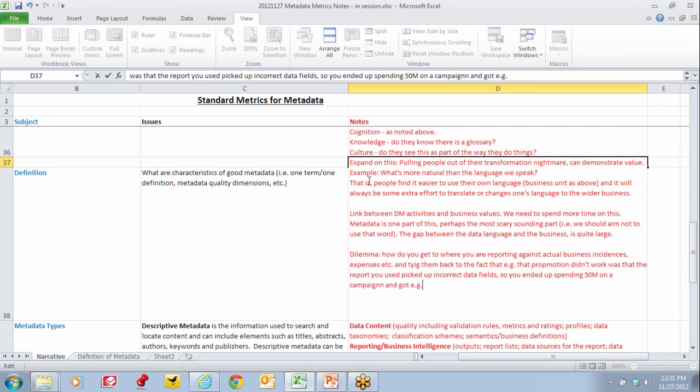I would advocate never using that word in polite company, but we do. And the gap between the data language and the business value, the tools we use, and the processes we go through seem to be fairly large.